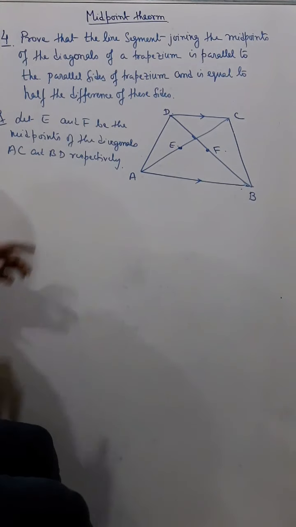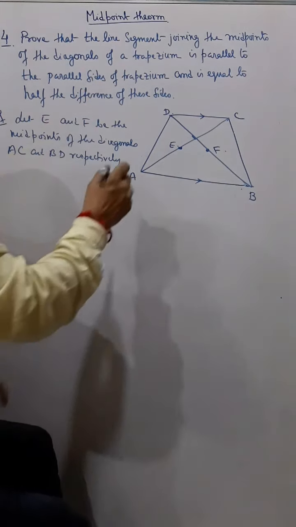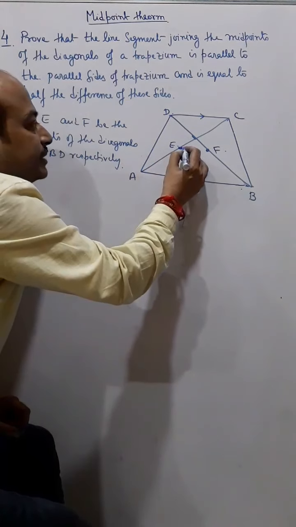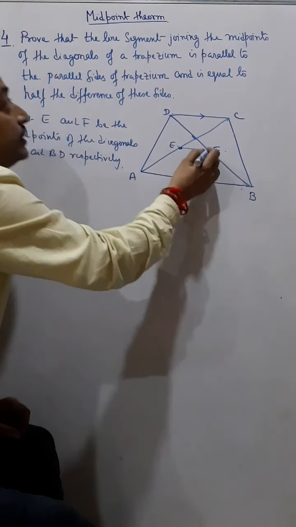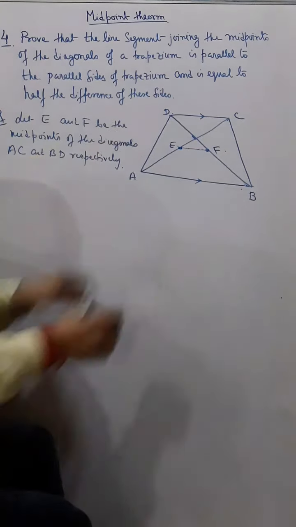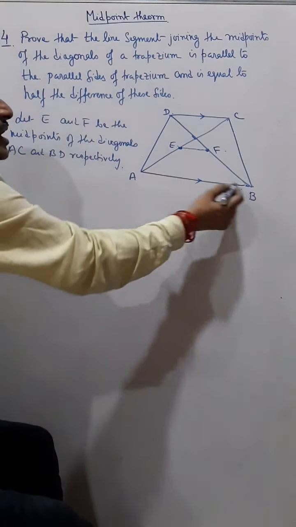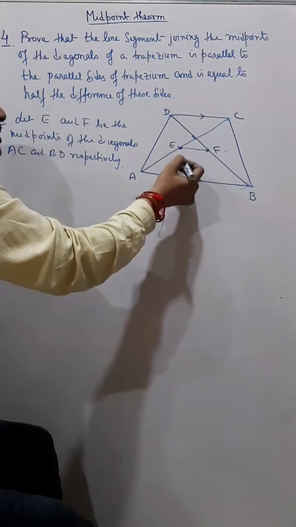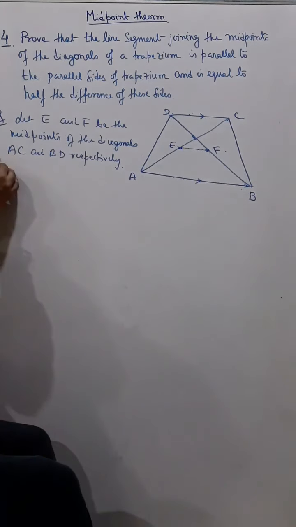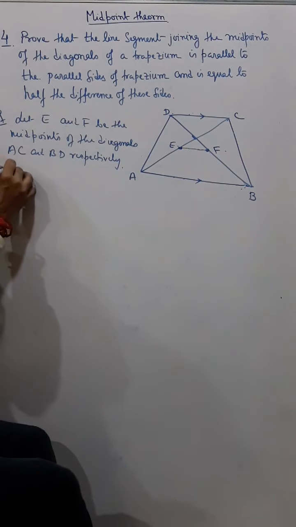And what they told? Prove that the line segment joining the midpoints of the diagonals of the trapezium, that means this line, is parallel to the parallel sides. That means EF is parallel to AB and parallel to CD naturally, because AB is parallel to CD. So what we have to prove?